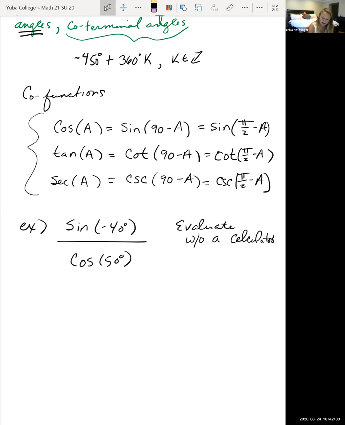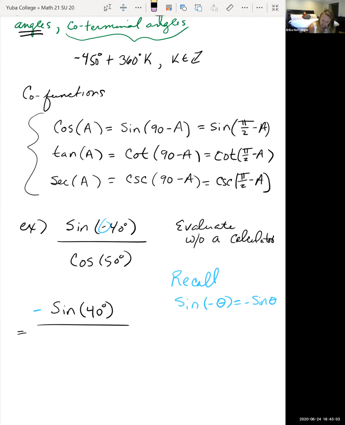Recall that sine was an odd function, meaning that sine of negative theta is equal to negative sine theta. So we could use that fact and rewrite this as negative sine of positive 40 degrees all over cosine of 50.